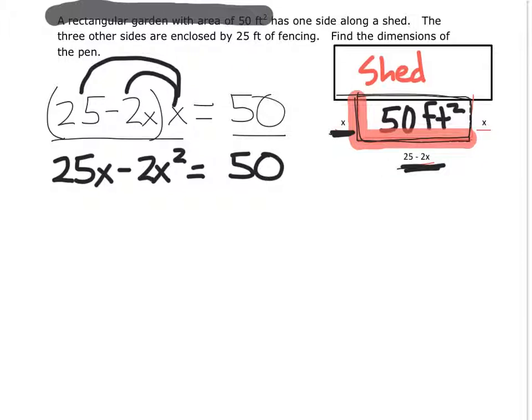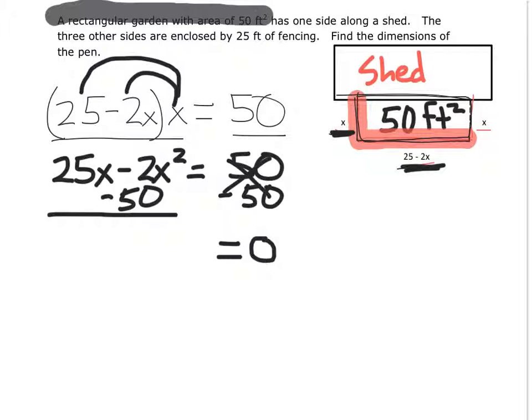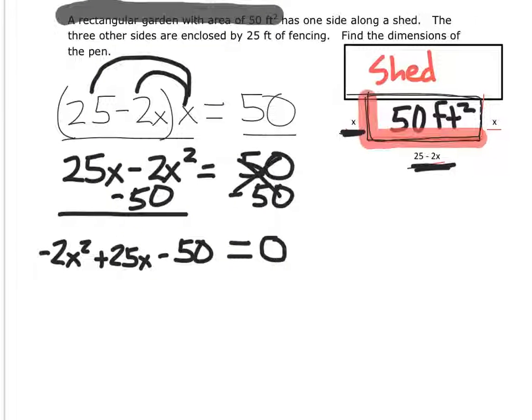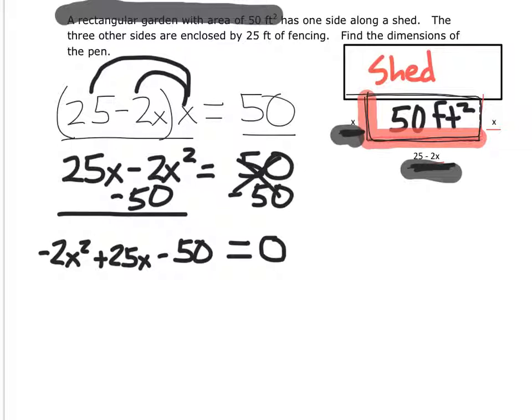So I'm going to subtract 50. These cancel to 0, so I'm left with 0 equals, and over here I'm going to put this in order: negative 2x squared plus 25x minus 50. And that equals 0.